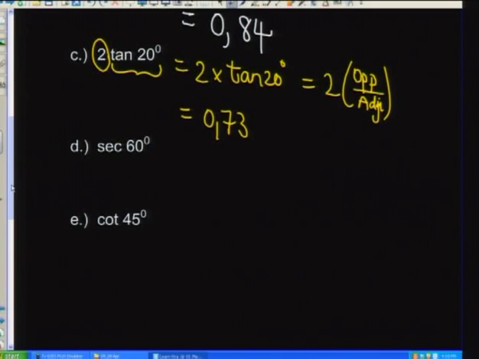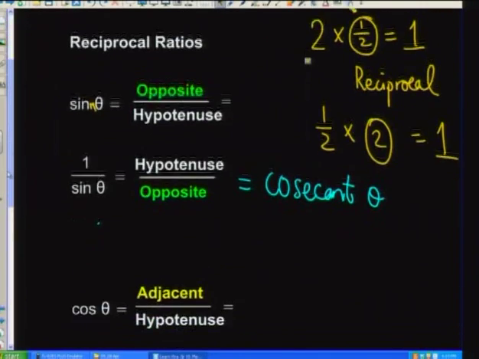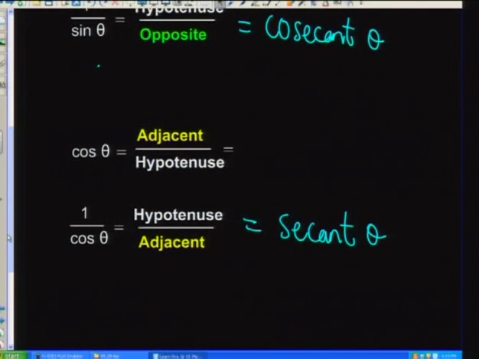Okay, and then finally, we've got 2 more. Sec 60 degrees, what would that be? Well, let's firstly define sec 60 degrees. We looked at previously, in the previous slide, that the reciprocal of cos is sec. What I didn't give you is the short name. This would be sec theta, so we just take the first 3 letters.